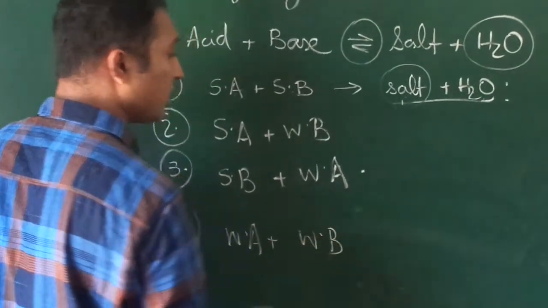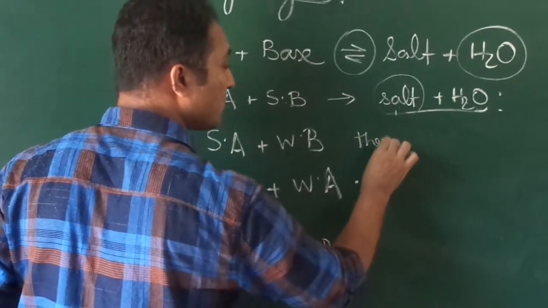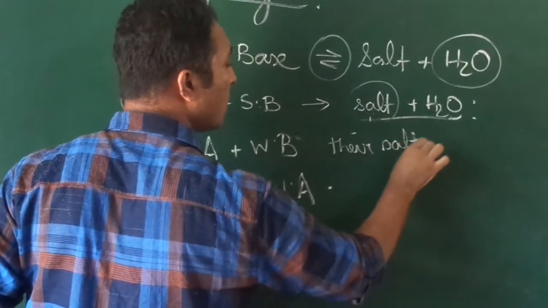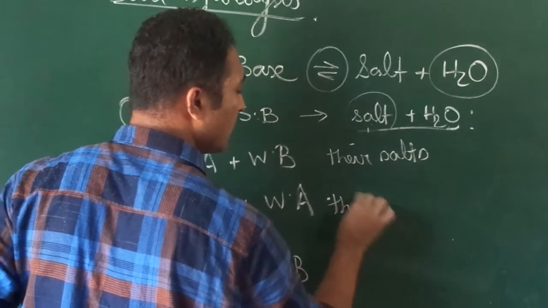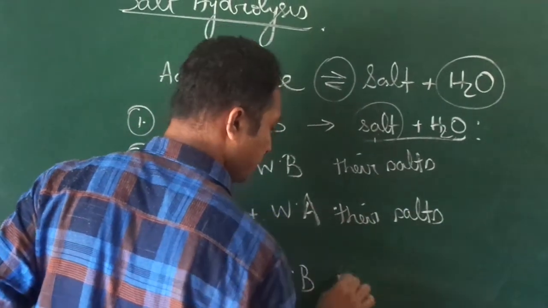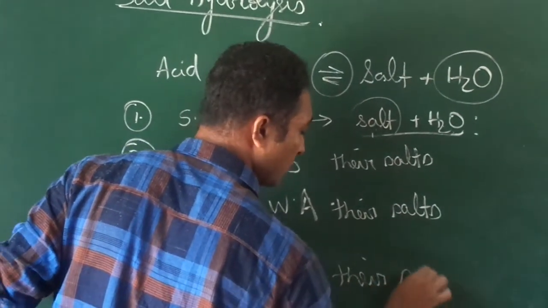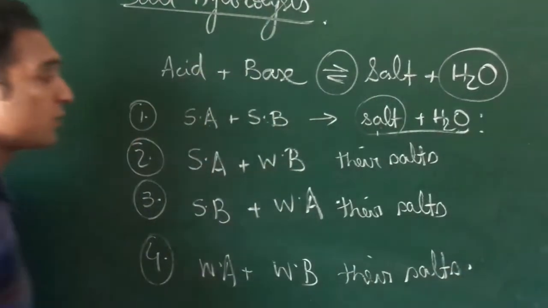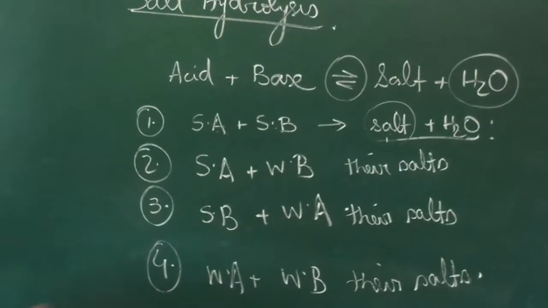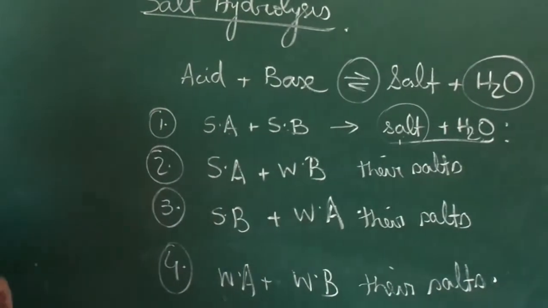Now these are not the cases, I am talking about their salts, since I am talking about salt hydrolysis, right? Now students, if you see their salts, if you can notice these cases, let's move ahead.